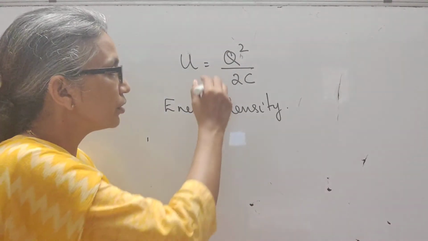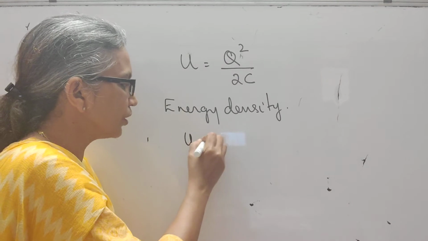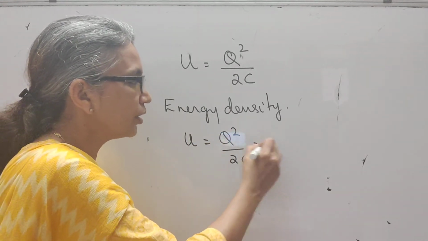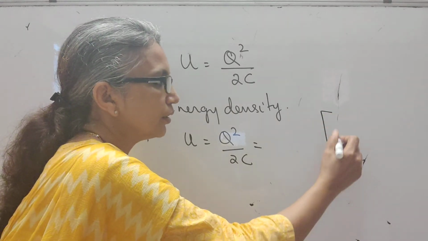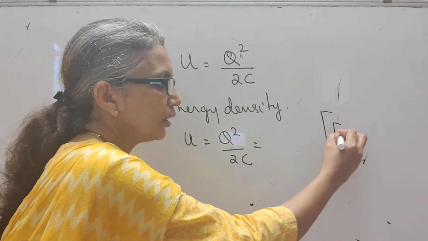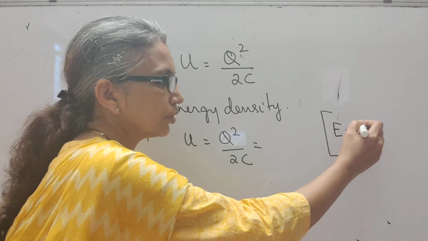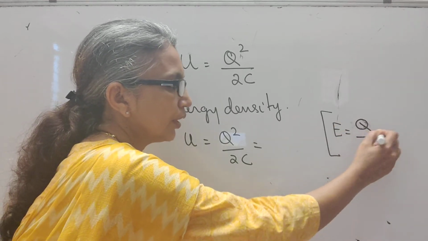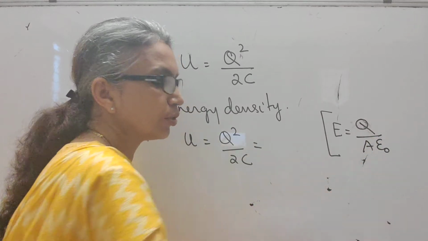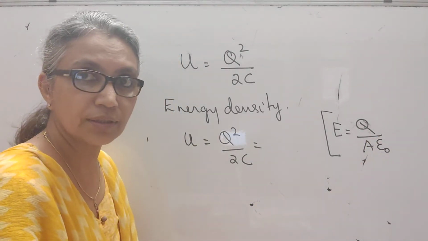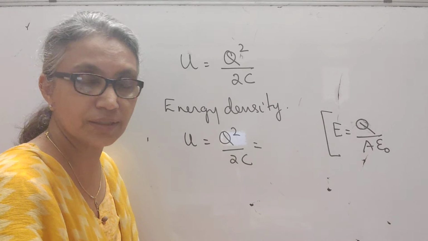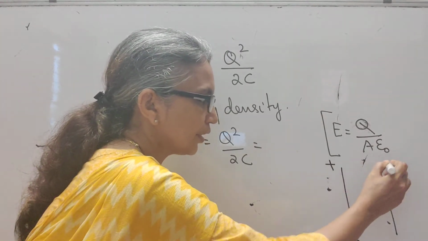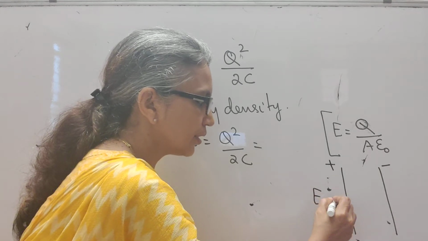So here I'm going to substitute U equal to Q square by 2C. You know that E equals Q by A epsilon 0. I don't know if you remember, in my last session where we dealt with capacitors, I showed you that for a capacitor with one positive and one negative plate, the electric field outside is 0.